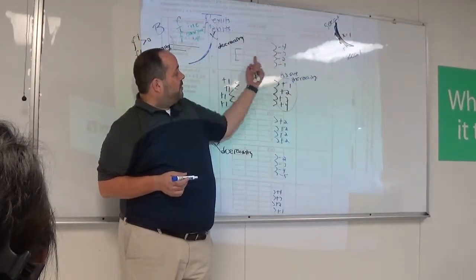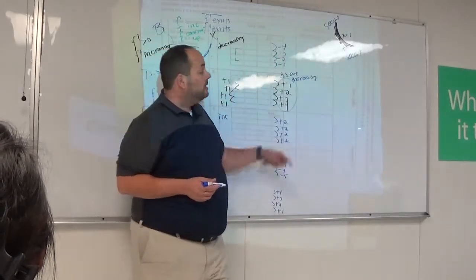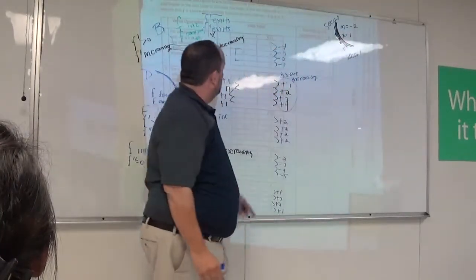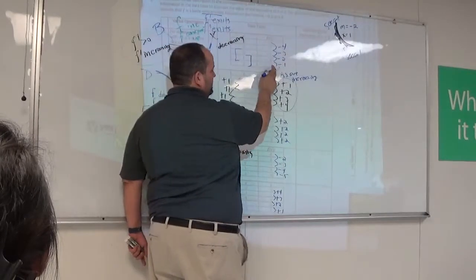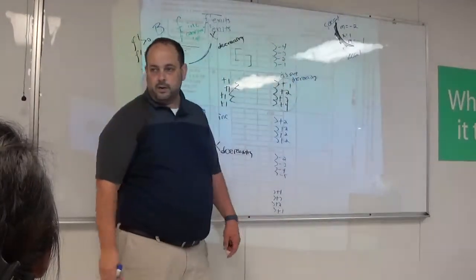Between 0, -4 and 1, -6, change in y divided by change in x. So the slope here is -2. The slope here, between 1, -6 and 2, -7, that slope is -1.